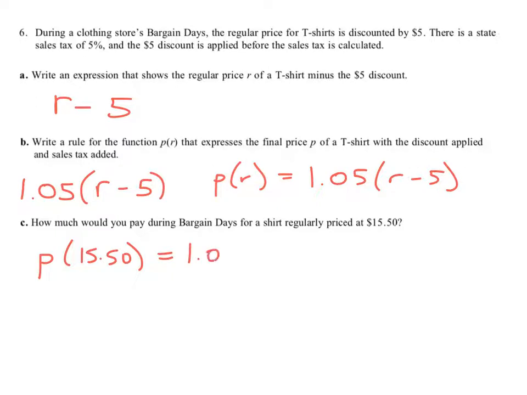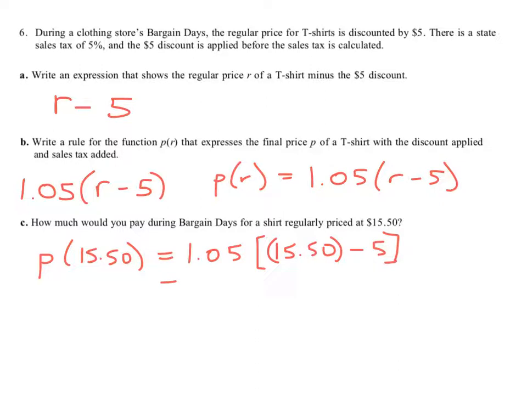We would say, well, that's equal to 1.05 times that amount, $15.50, minus 5. Okay, and since we sub that in, I'm going to say this is brackets, and so is this brackets, and we will put a parenthesis saying, and here we are substituting in a value for the variable.